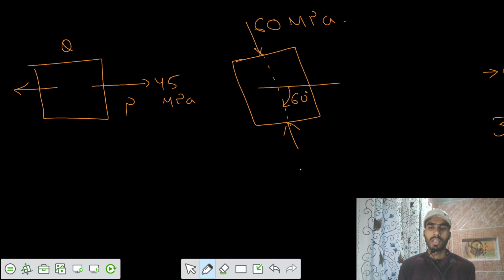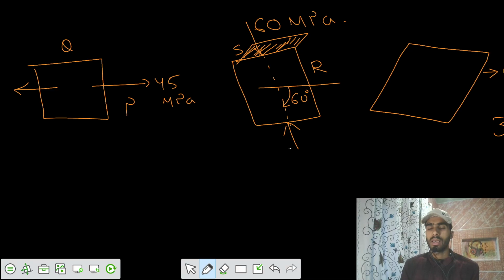This acts on plane R and S. Then the third state of stress is the same element but in the opposite direction, an upward tensile stress of 30 megapascal on plane U and T. This is also making an angle of 60 degrees with the horizontal.